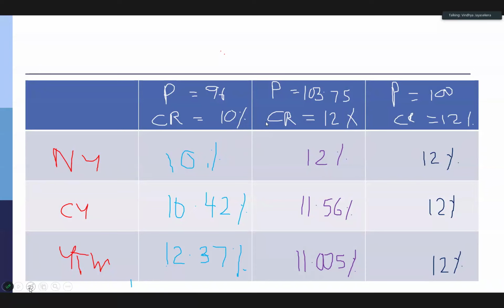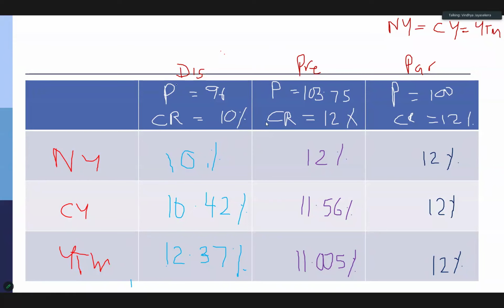Do you see here that this is a discount bond? This is a premium bond, and this is a par bond, right? And always in a par bond, nominal yield will equal current yield will equal yield to maturity. Always. You don't have to do calculations, right?